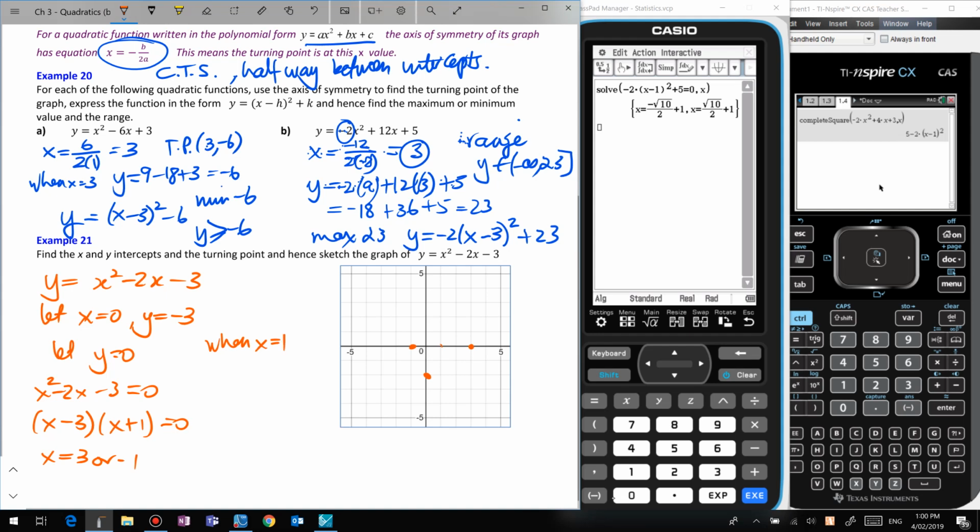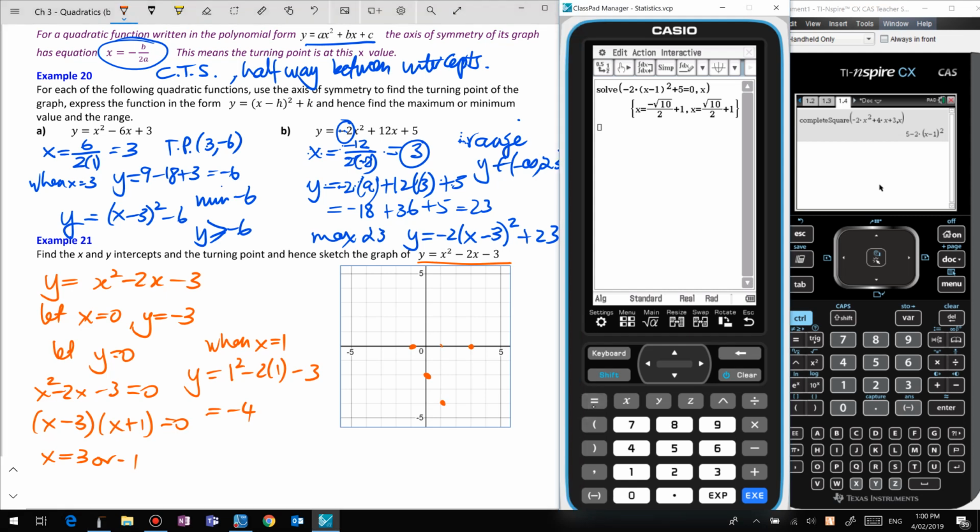When x equals 1, if we put it into here, y equals 1 squared minus 2 times 1 minus 3. So 1 minus 4 is minus 4. 1 minus 5 that was. So minus 4. Is that right? 1 minus 2 minus 3, minus 4.